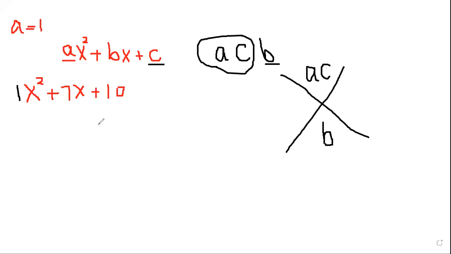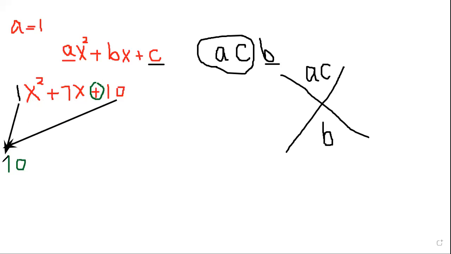How are you going to do this? You will take 1 and 10. 1 multiplied by 10 equals 10. If the sign of the last term is positive, which means you are looking for the sum.